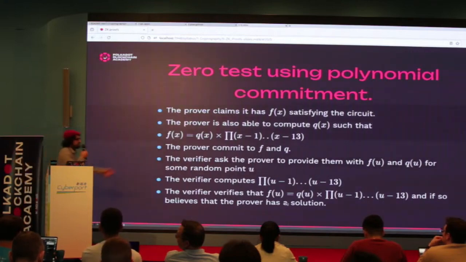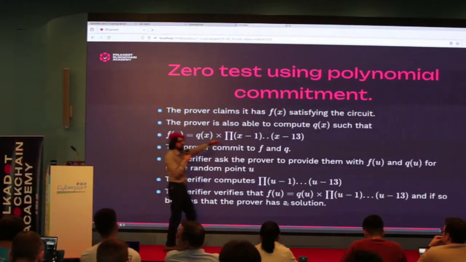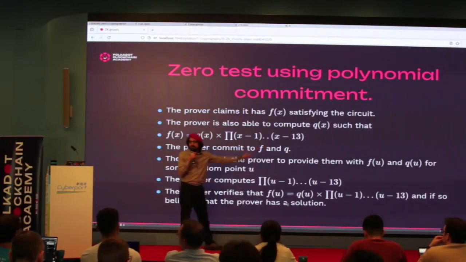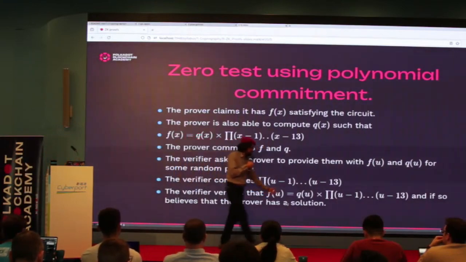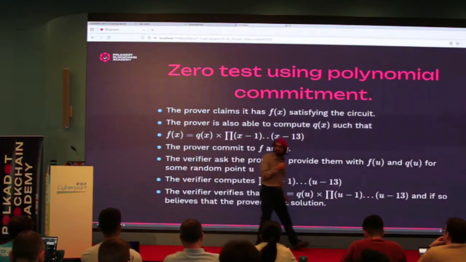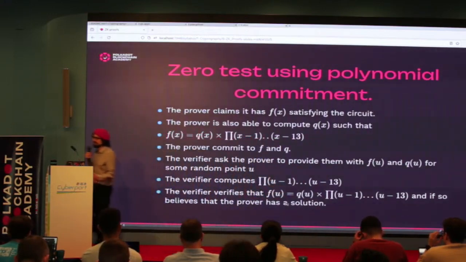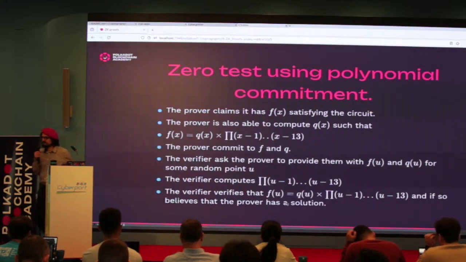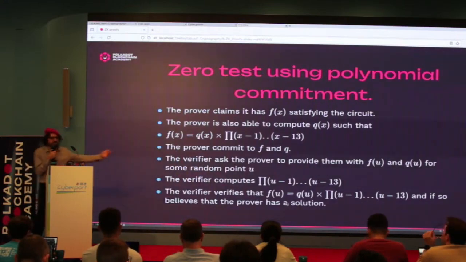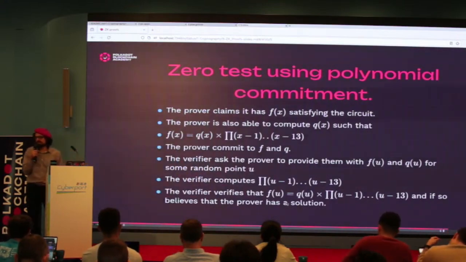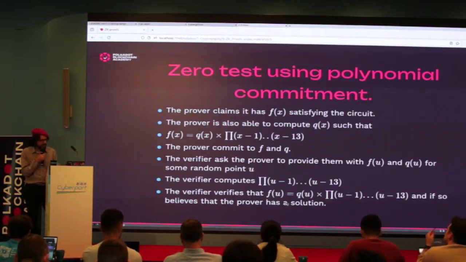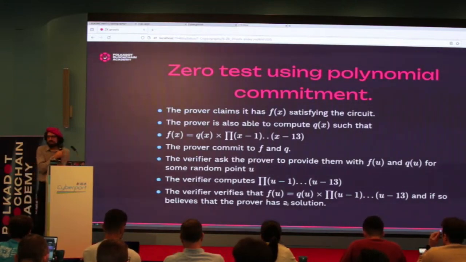I know it's related to the circuit because it's 0 at these points. If this relation holds, then the polynomial relates to the circuit because it's 0 at all points of the circuit. The verifier also has the knowledge of that beforehand, right? The verifier knows that it should be 0 at 1 to 13. Okay, but how can they not cheat?